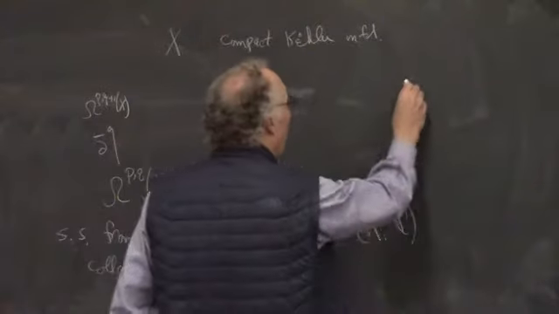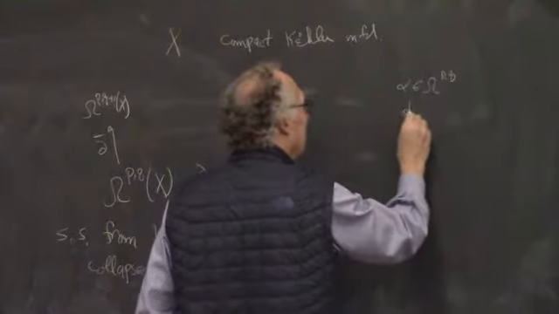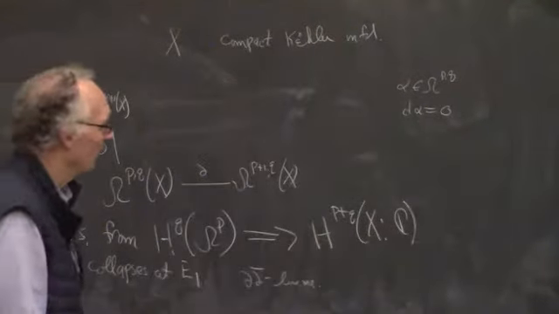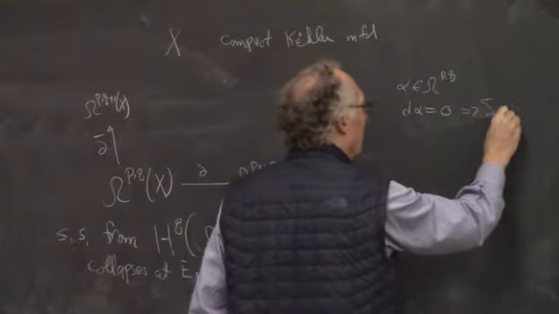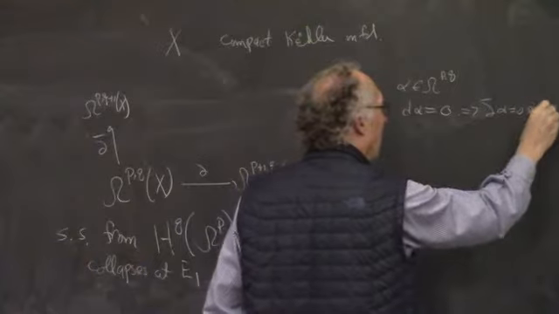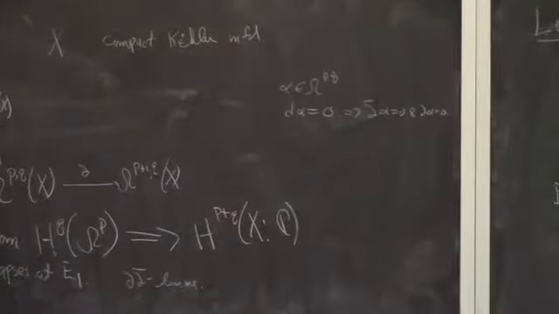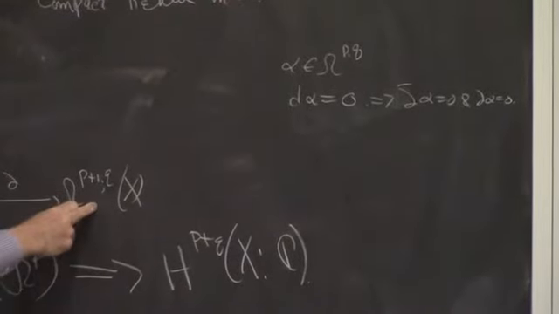So if you have an alpha in, let's say, Omega^{p,q}, d alpha equals 0. This, of course, means d-bar alpha equals 0 and d alpha equals 0, because we've got a bihomogeneous term, and d of it has one component over here and one component over there.